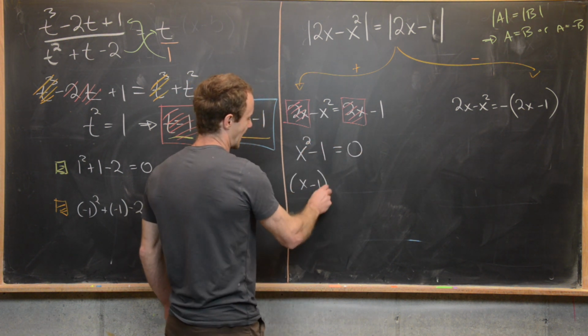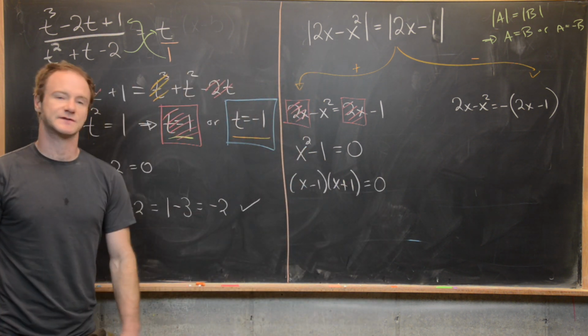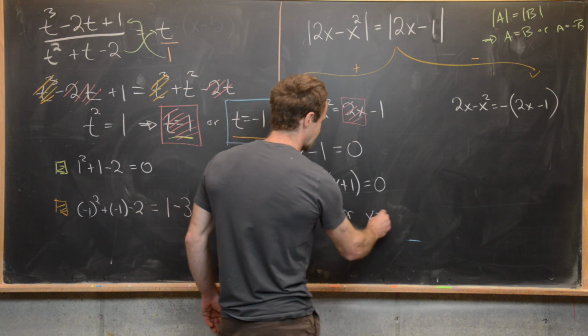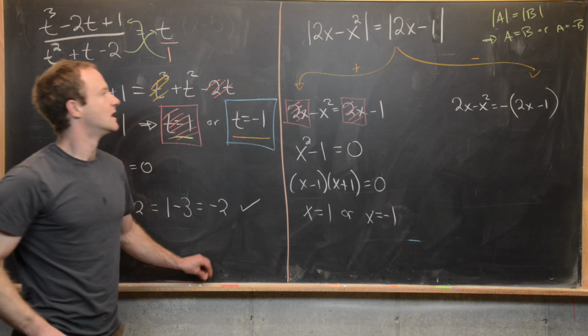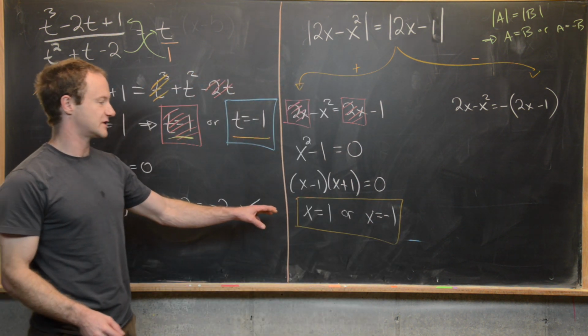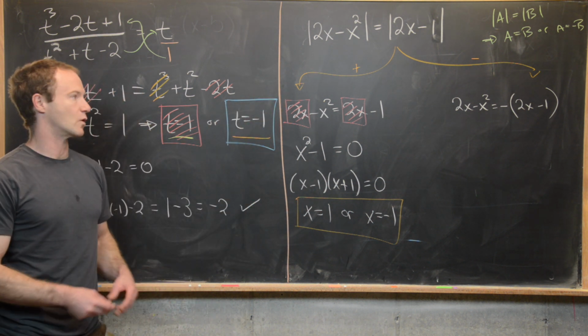We can go ahead and factor that to x minus 1, x plus 1 equals 0, because we've got a nice difference of squares there. But that tells us that x equals 1 or x equals minus 1. So there we've got two solutions. And then it's straightforward to check that both of those solutions satisfy the original equation, so we're okay.